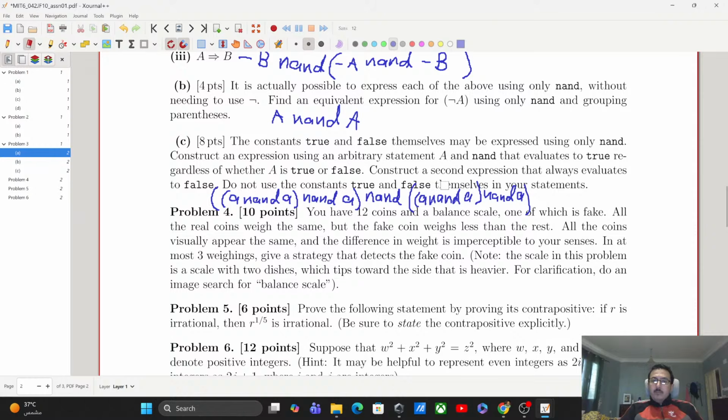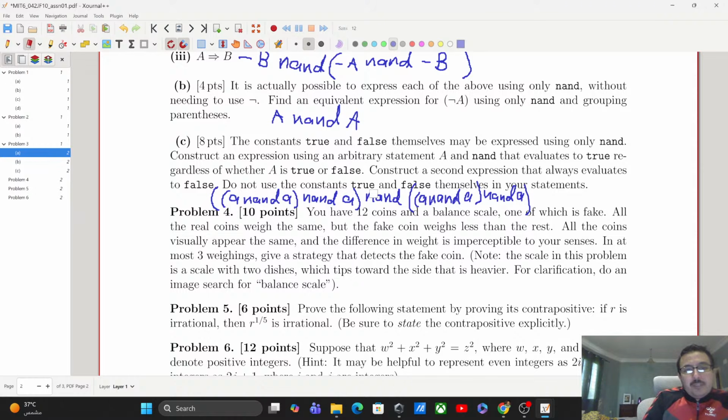Evaluate to false, using the constants true and false themselves in your statement. I'll take it anyways because that's not possible.